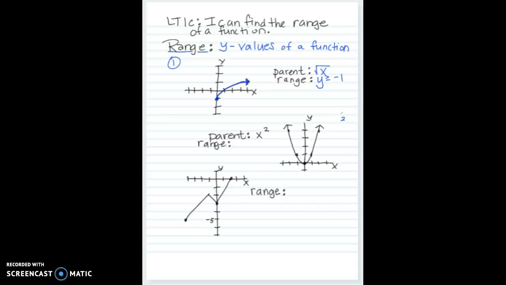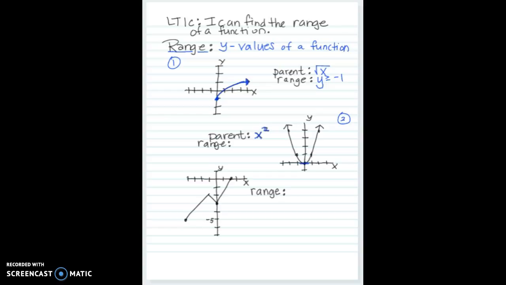For example number 2, we notice that our parent function is x squared. It is a quadratic. And again, we're looking for our range. So we want to find the bottom of the graph and the top of the graph. As we look at this, we see that we have a bottom right here where the y is equal to 0.